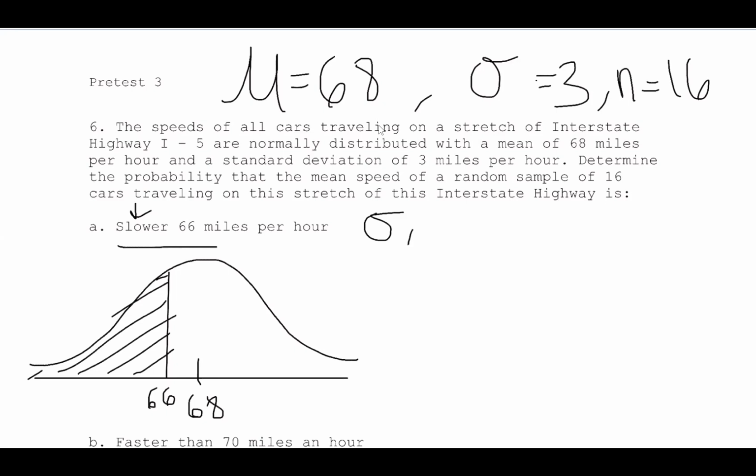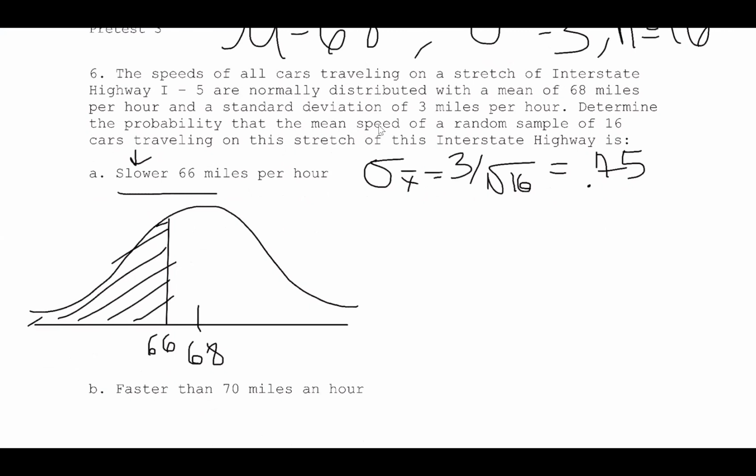So we have to find 3 divided by the square root of 16, which gives us 0.75. Everybody good with how we get 0.75?